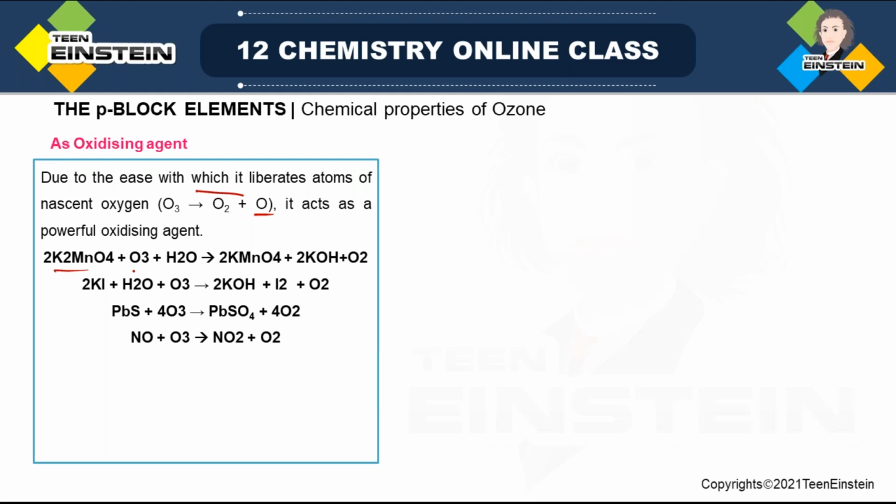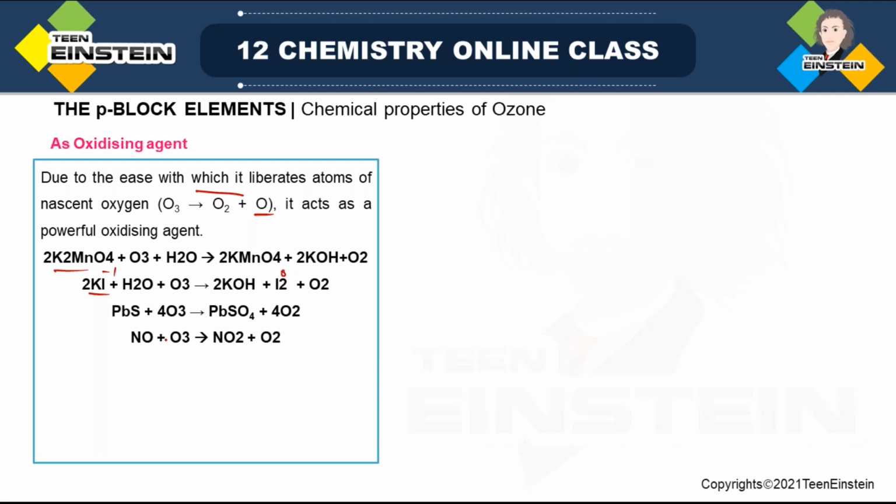In each of these reactions, one thing you will see which is common: in each equation O3 is converted to O2. Next equation, KI, that means -1 is the oxidation state of iodine, but after oxidation it is converted to 0 oxidation state. So this is also an example of an oxidation reaction.